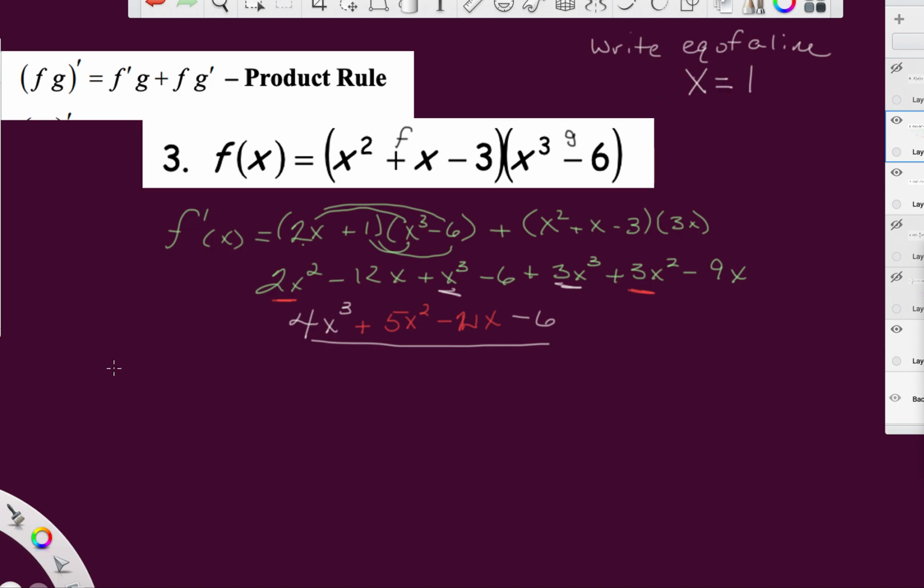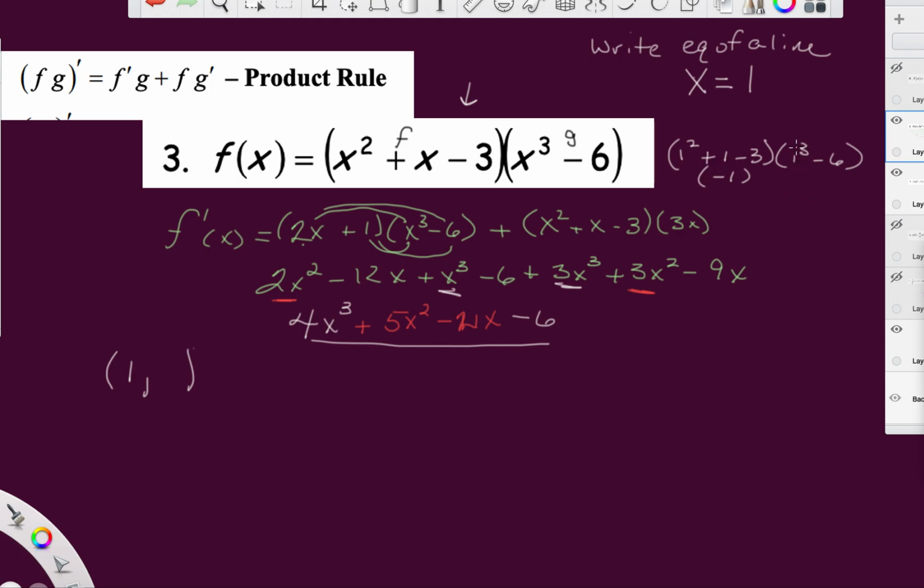So right now I have the x coordinate of 1, but I need my y coordinate. And to find my y coordinate, I just take my original function, this guy right here, and I'm going to plug in 1 wherever I see an x. So I get 1 squared plus 1 minus 3 times 1 cubed minus 6. Okay, and I'll do that math. 1 plus 1 is 2, minus 3 is negative 1.